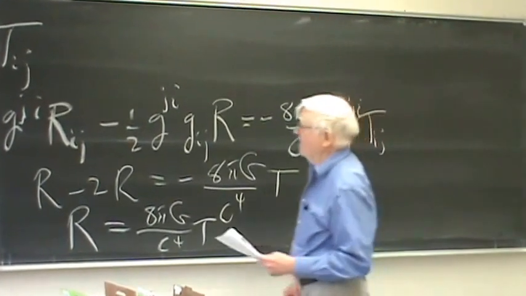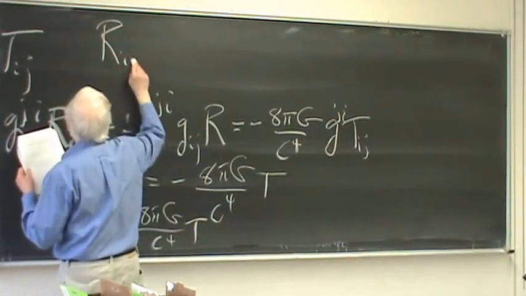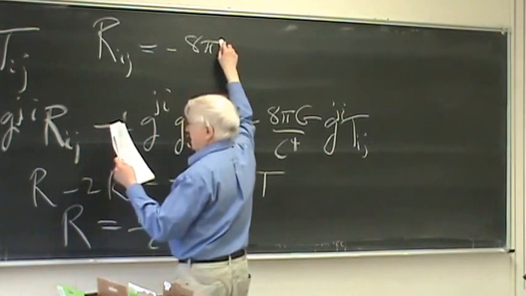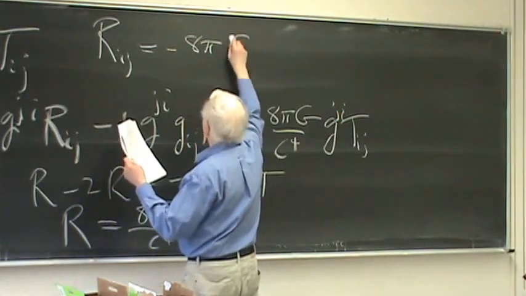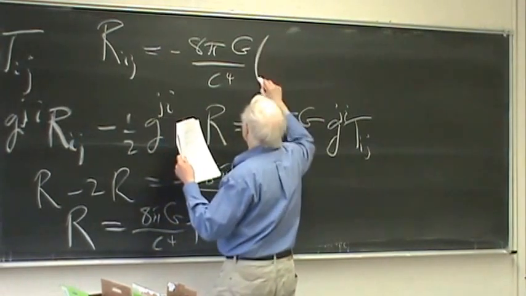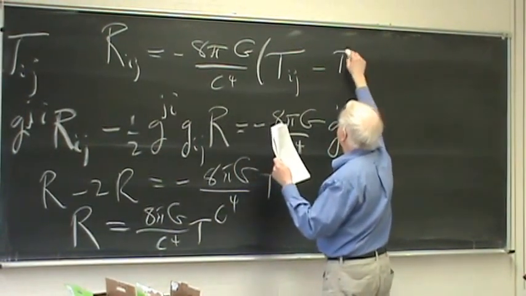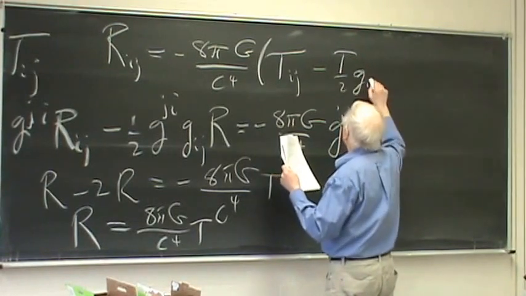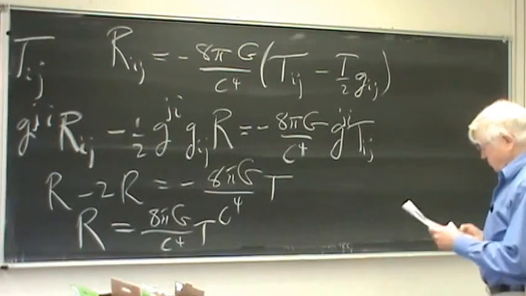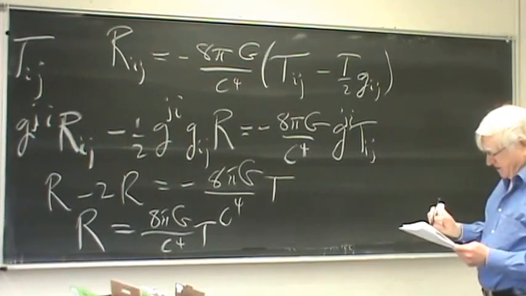So another form of Einstein's equations is Rij equals minus 8 pi big G over c to the 4th (Tij minus T over 2 Gij). Although one should probably absorb that minus sign because it looks kind of silly that way.